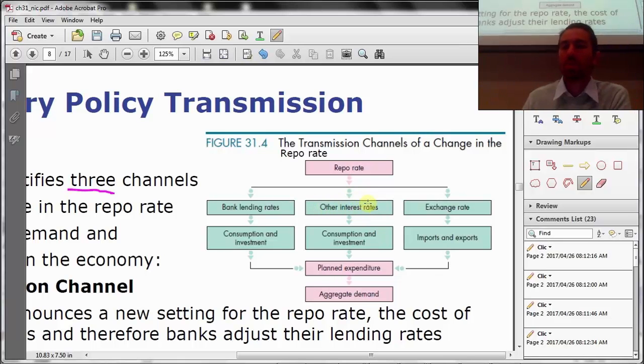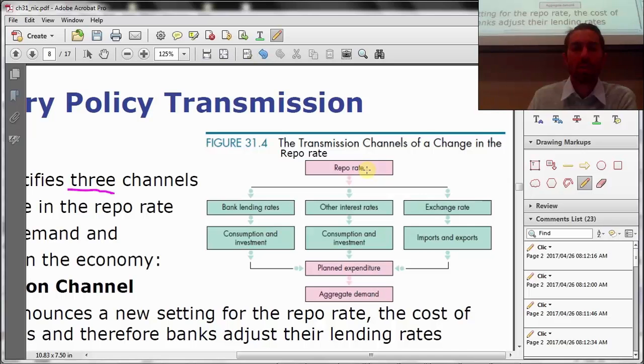In other words, interest rates on any other kind of bond instruments. So government yields change, yields on commercial debt change, any other interest rates other than bank rates also change. Okay, but that's a second channel to the banking channel.